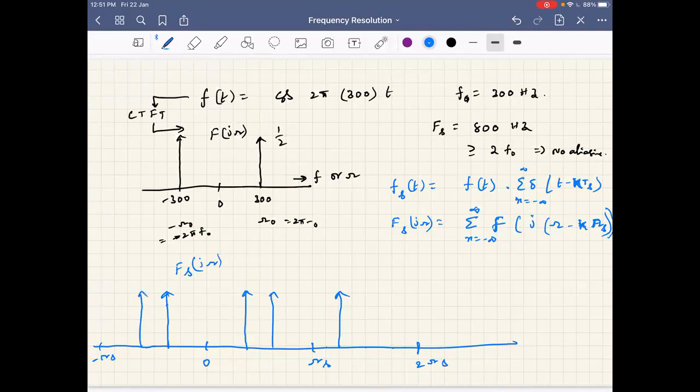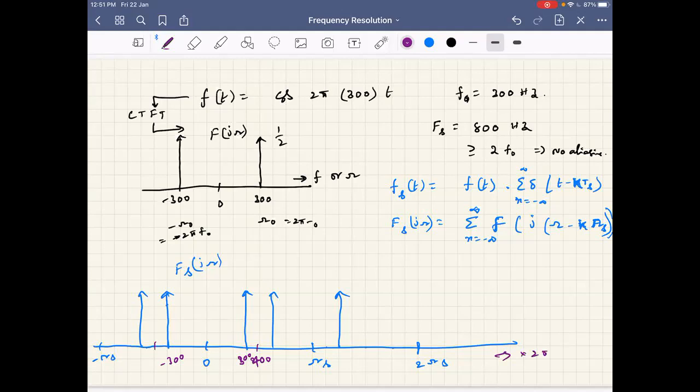Okay, so now this is minus 300, and this is 400. Minus 300, this 300, and this is 400 Hz. I'm writing here 2 into 2 pi.